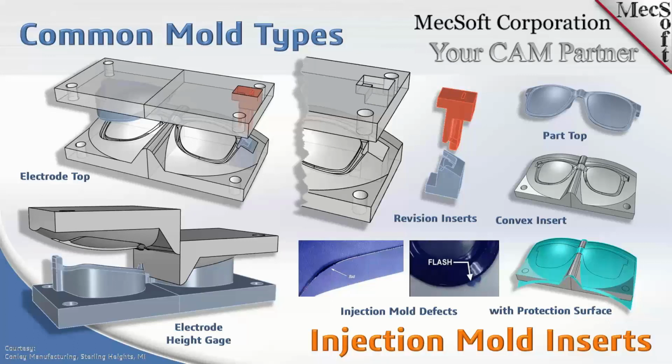and whatnot. And if those revisions get to such an extent that the mold cannot be revised anymore by adding material into the mold, and this is done regularly, they'll typically use a welding process where they add material into the cavity so that they can remove it with revisions in it.